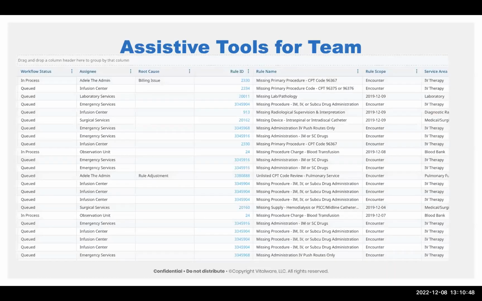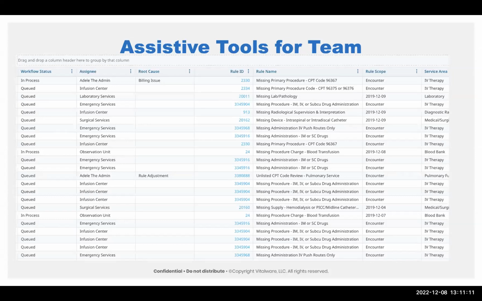Here's an example of assistive charge capture, where you've got a workflow status into the workflow, who's assigned to look at it, what the root cause is, the billing ID that compares CPT code to diagnosis, whatever. But here's an example. And usually there's about 1 million of these rules.